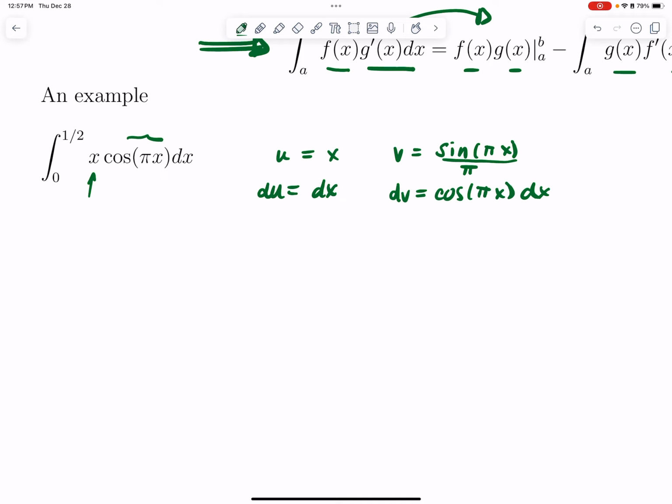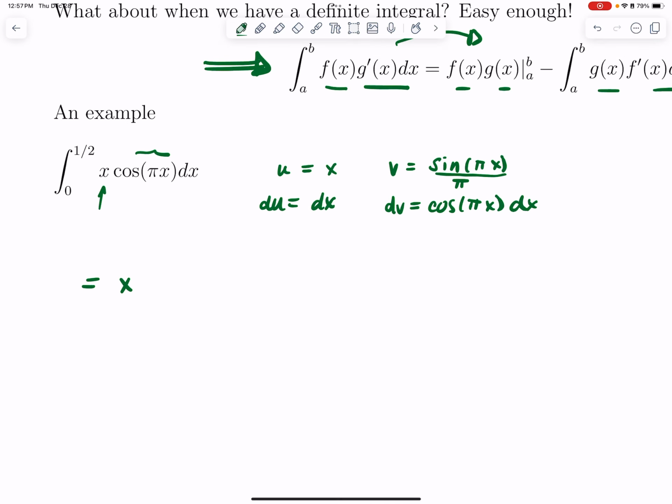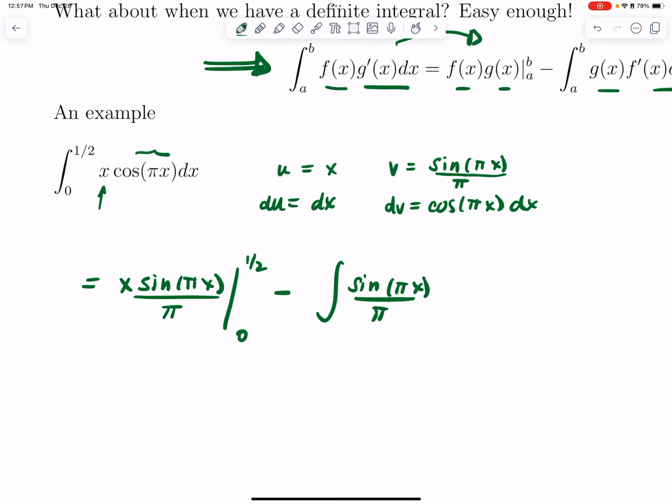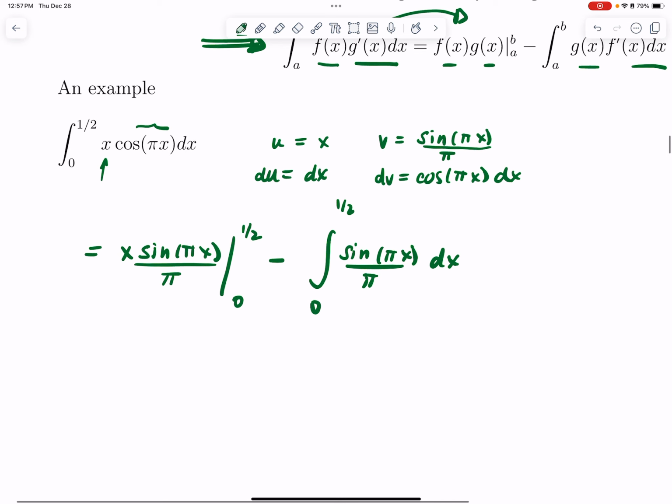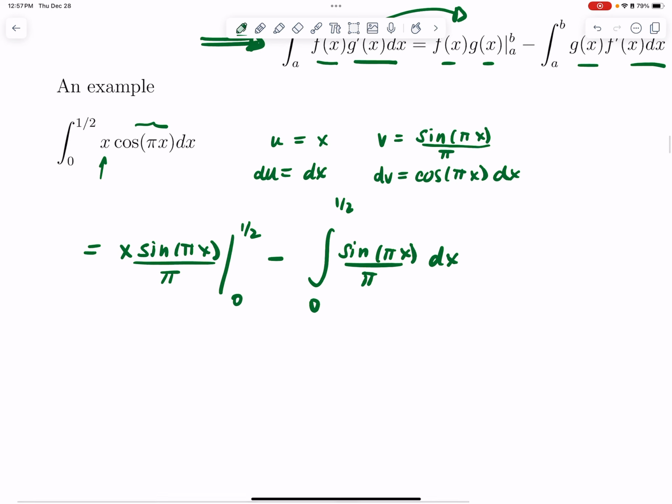So then our integral here becomes u times v, so x sine of pi x over pi, and we're going to evaluate x from 0 up to a half, minus the integral of v, so sine of pi x over pi dx, from 0 to 1/2. I'm just going to hold on to evaluating that till the very end.